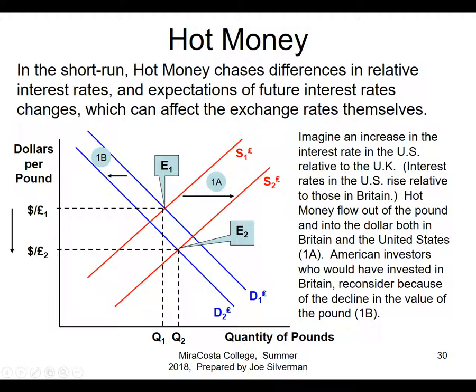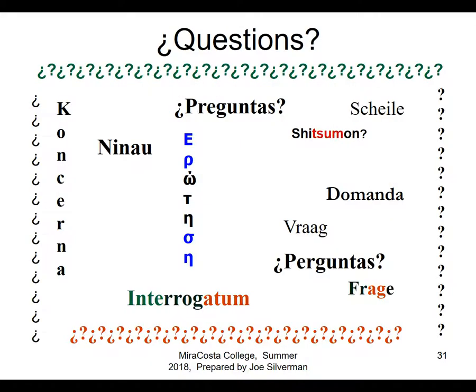Or you could look at it the other way, driving down the pound relative to the dollar. So both these things in combination will lead to a more favorable exchange rate in terms of dollars to pounds and a less favorable exchange rate in terms of pounds to dollars. And this actually happened in the 1980s.